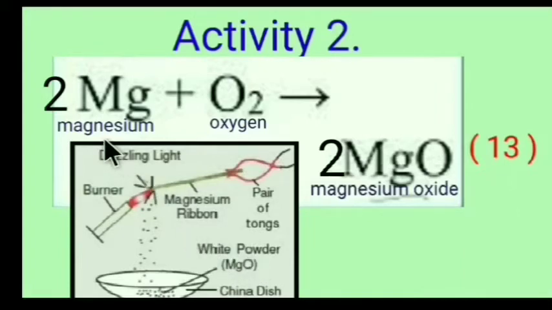In the reaction, 2Mg plus O2 react to form 2MgO, that is magnesium oxide. This is equation number 13. In this reaction, magnesium oxide is formed as a single product by the combination of magnesium and oxygen. So this is a single product in this reaction.